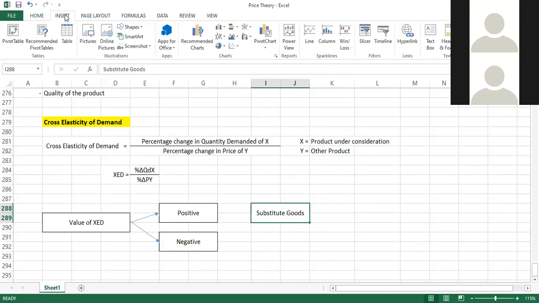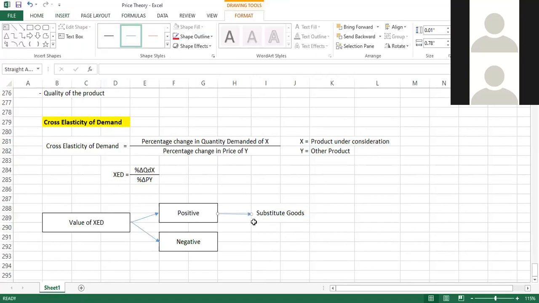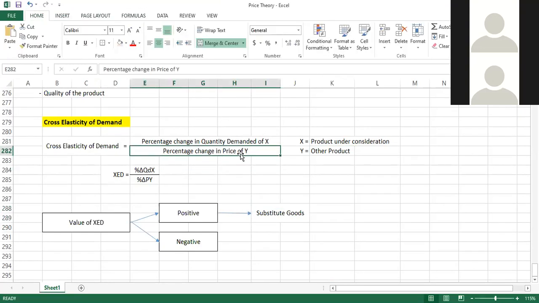Butter demand goes up, right? So when the price of margarine increases, butter demand will increase, positive. When the margarine price decreases, demand for butter will decrease, positive.